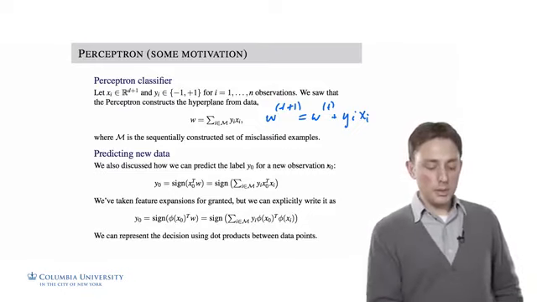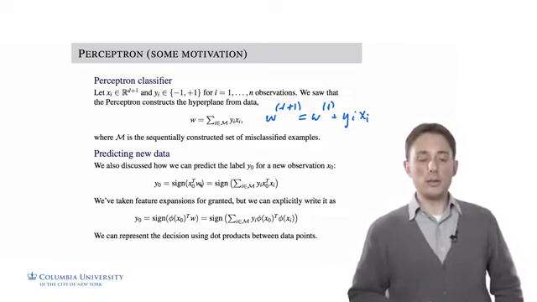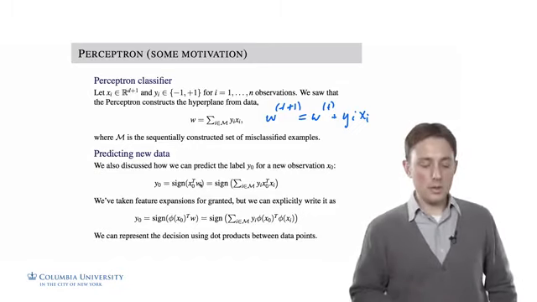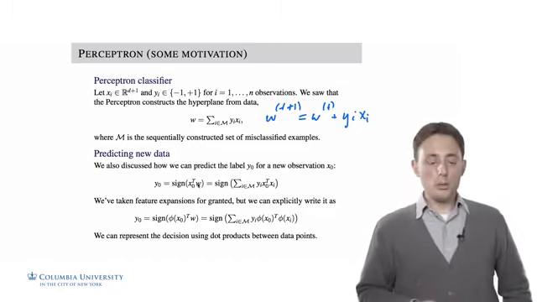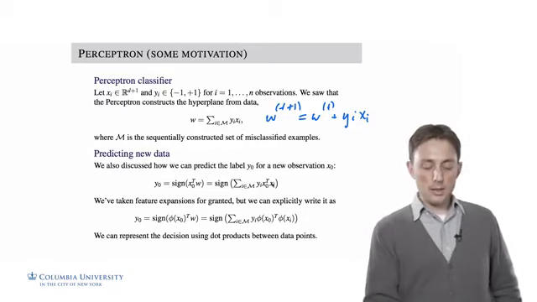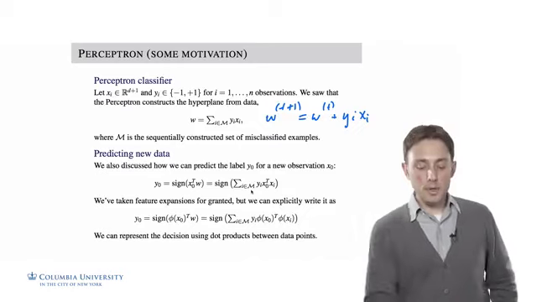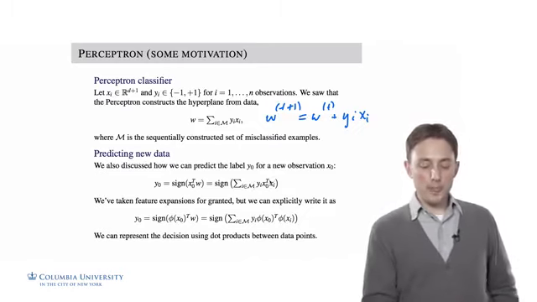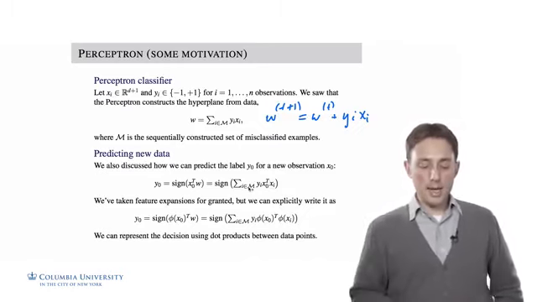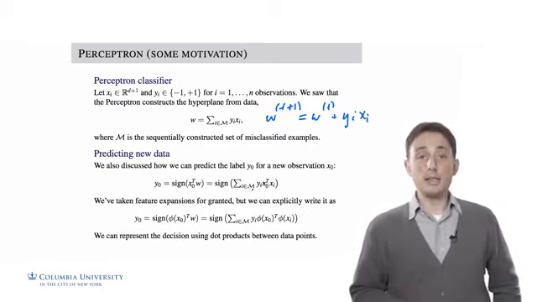And the way that we do this is we simply declare y0 to be the sign of the dot product between x0 and the classifier that we learned, W. Well, if we look at what W actually is, this is simply equal to the dot product between x0 and xi for i in some set M. So we do this for each xi in this set, multiply it by its label, sum them up, and then take the sign of that.